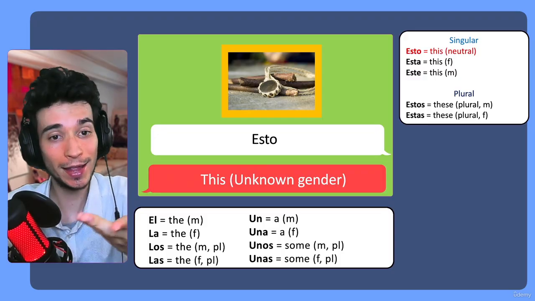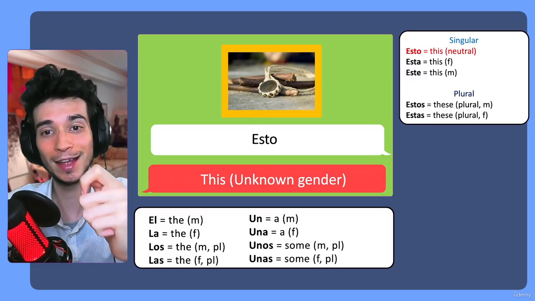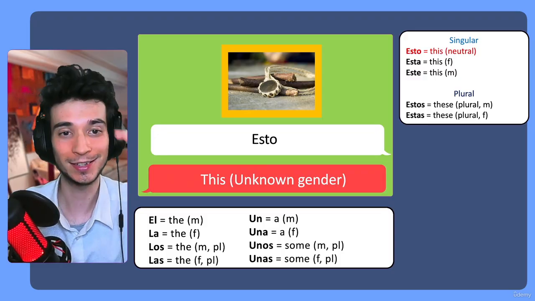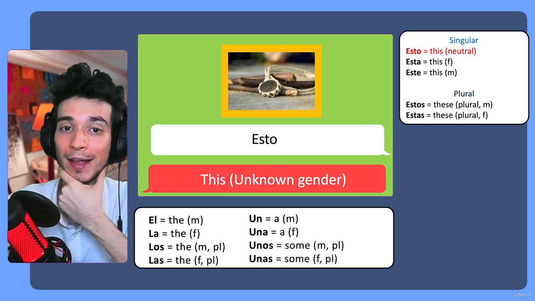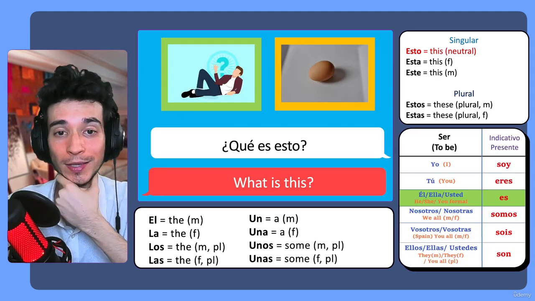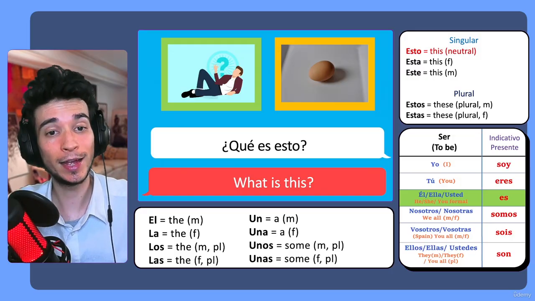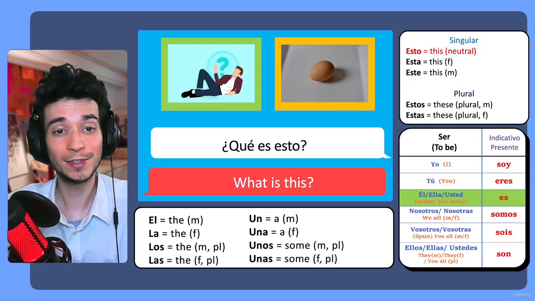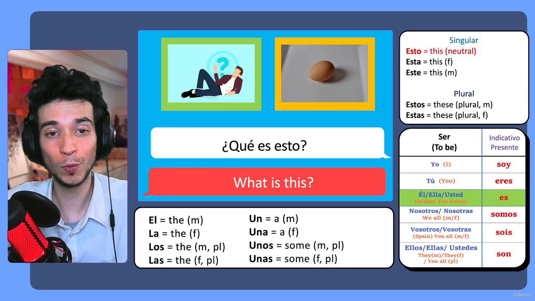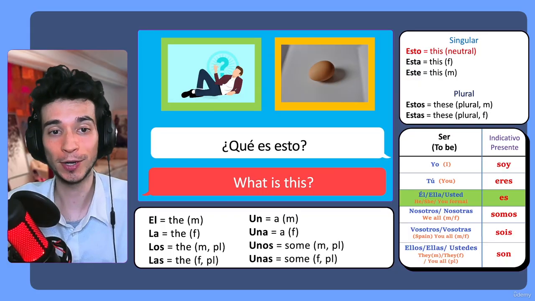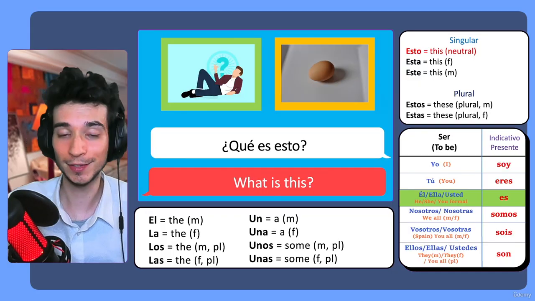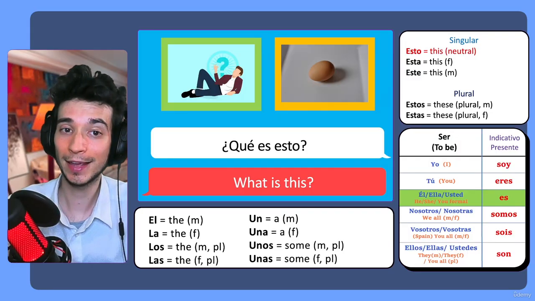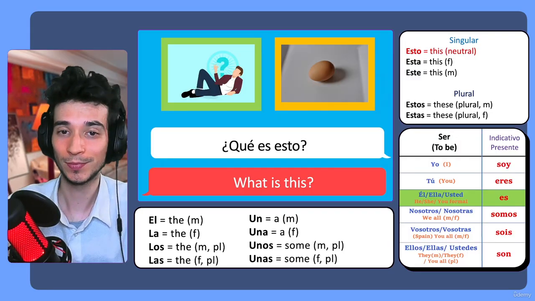So I can just say esto, this thing. Another one can be, ¿qué es esto? What is this? If you don't know what something is, you can always use this phrase and say, ¿qué es esto? What's this?